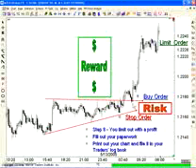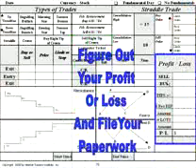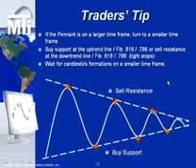If you're cancel replacing, you've moved your stop from here up to here, and the market's keeping on going. After every trade, figure out your profit and loss statement and file your paperwork. Put it in your logbook.